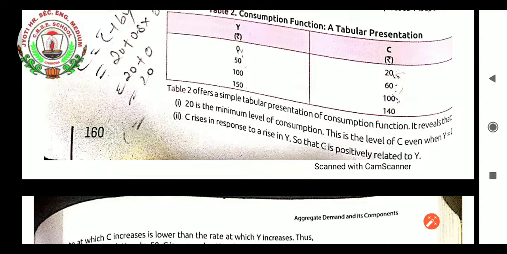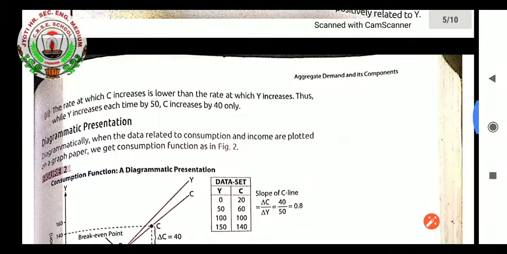It reveals that 20 is the minimum level of consumption. This is the level of C when Y equals 0. C rises in response to a rise in Y, so C is positively related to Y. The rate at which C increases is lower than the rate at which Y increases. Thus while Y increases each time by 50, C increases by 40 only.